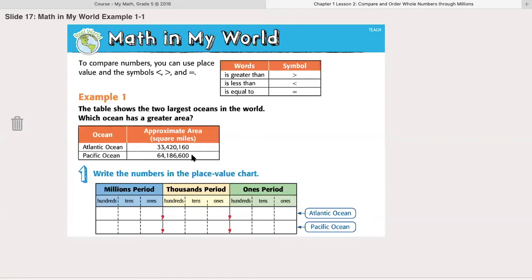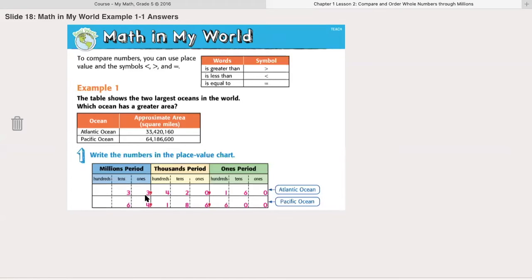The Pacific Ocean has 64,186,600 square miles. Number 1, write the numbers in the place value chart. If we were to write these in the place value chart, it would show like this. 33,420,160, and then for the Pacific Ocean, 64,186,600.